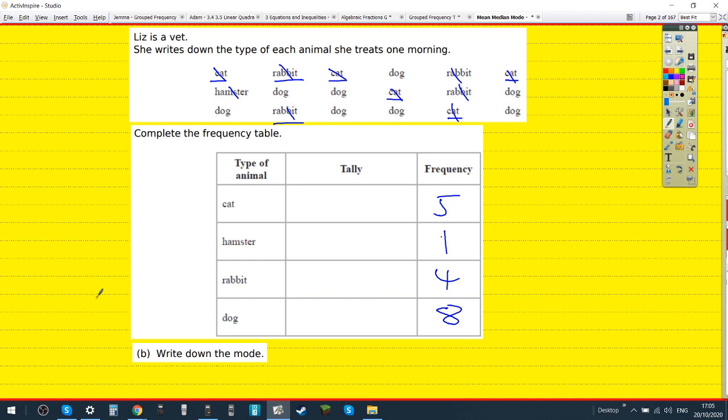Sorry, I didn't know my microphone was muted. So the mode is dogs. Yep. So the mode is dog, because that one has the highest frequency, so that was there the most.